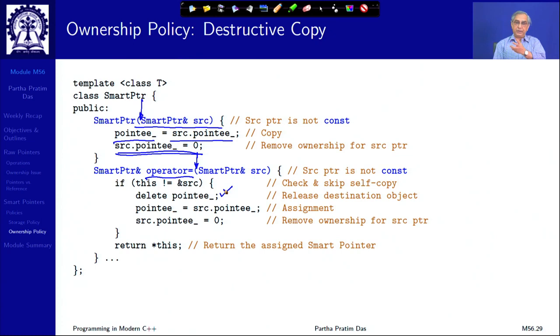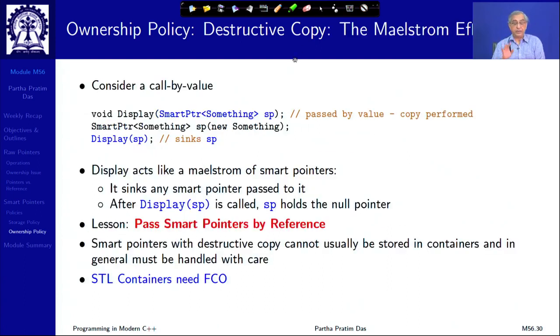The earlier object that you are pointing to, you are the only person who is pointing to it, because you are unique, exclusive. So, that pointer will get lost, and that object's lifetime also has to end. So, you delete that, copy from the source and set the source to null, so that you have taken the entire ownership. This is what is known as destructive copy, which is the core idea of exclusive ownership.